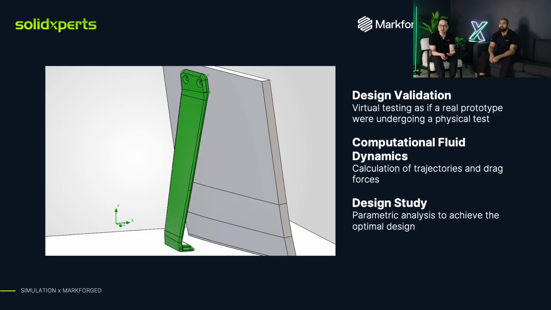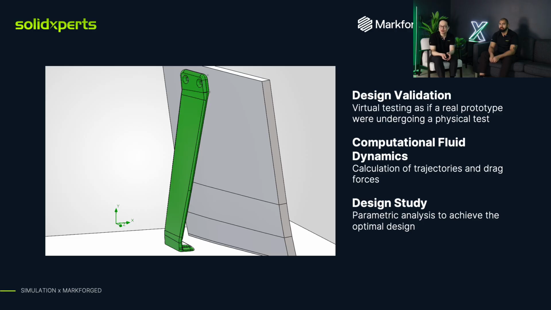And speaking of optimization, we're going to run what we call a design study to test different designs so that we can find the best configuration of parameters to use to get the ideal design. So the solution used for fluid dynamics is Flow Simulation from SolidWorks.